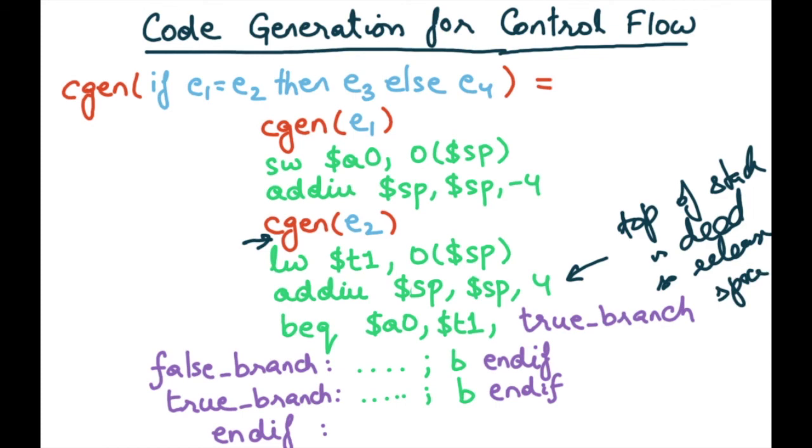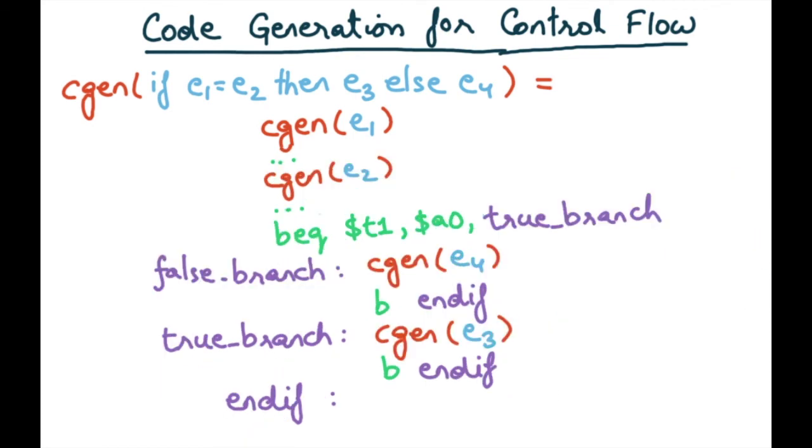Now, this is the code generation strategy for if E1 equals E2, then E3 else E4. You first generate code for E1, then you save the result of E1, then you generate the code for E2. Then you restore the stack to the state that it was.